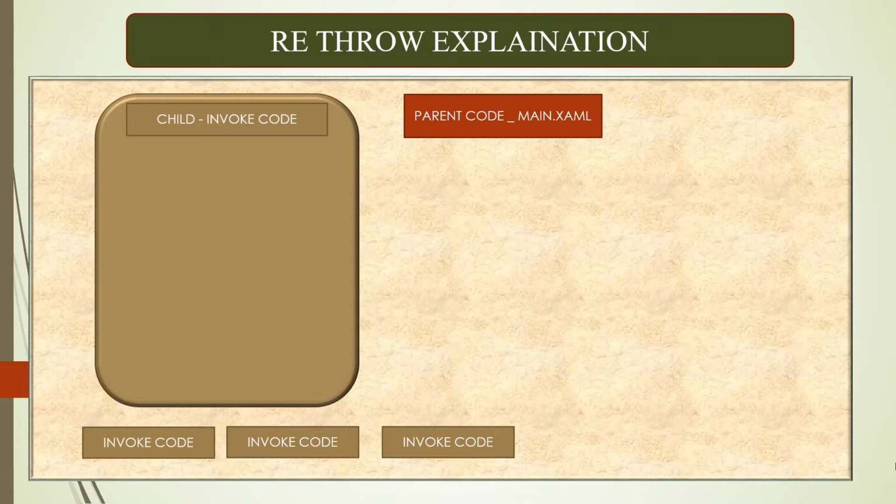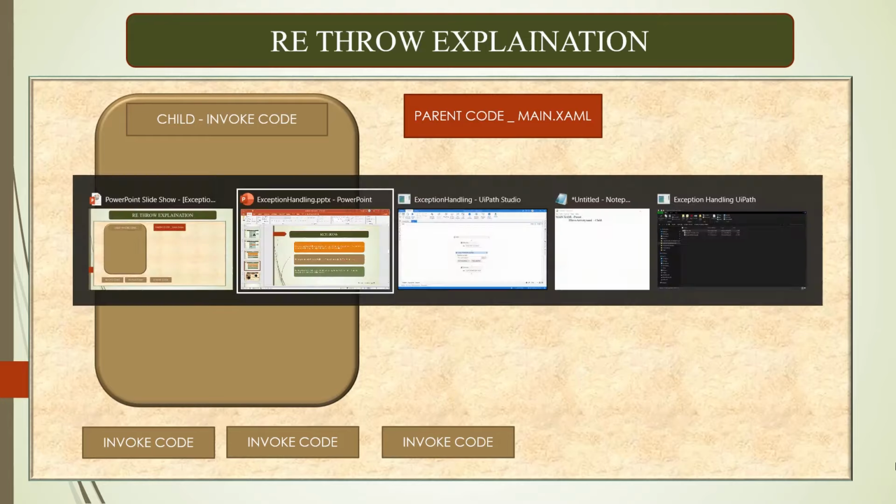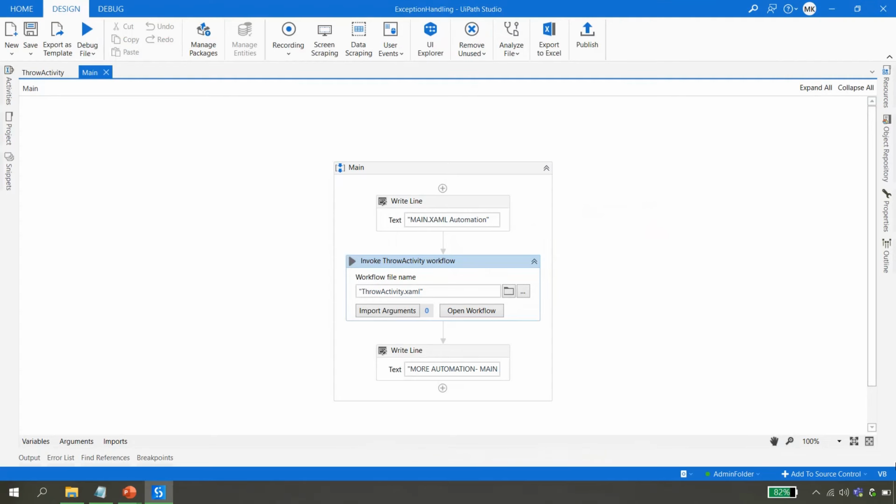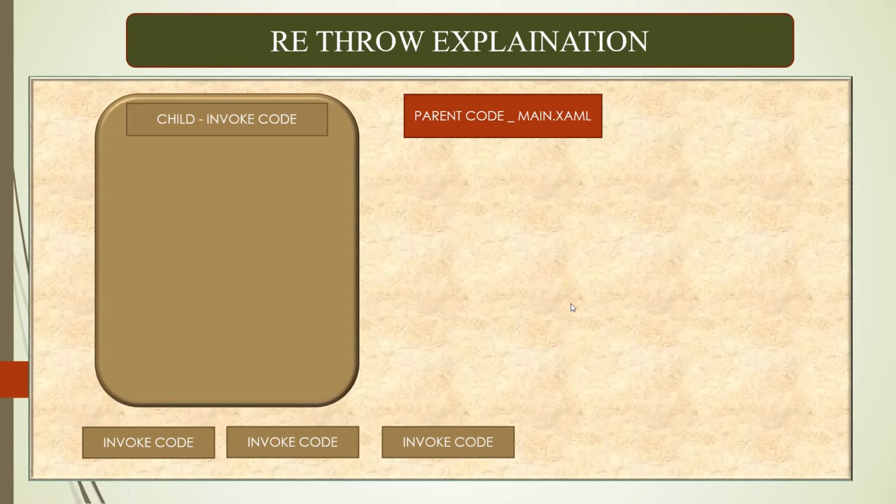When I invoke separate XAMLs in the main.xaml, that is where I am creating the entire automation. The same way, I have one automation block, two automation block, three automation block. Similarly, this is the red block, the parent code main.xaml, and it is invoking certain invoke code.